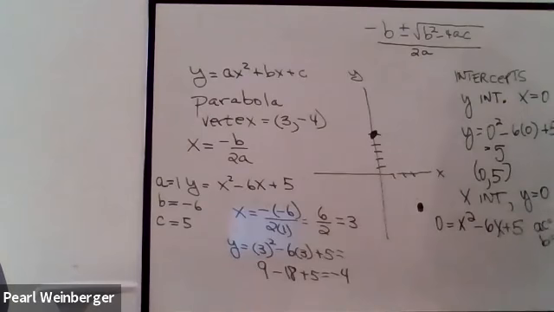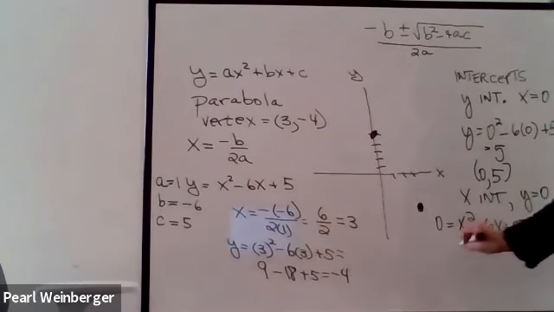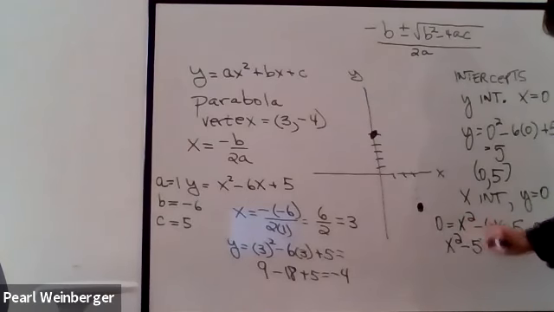So two numbers that multiply to 5, but when we add them give me negative 6, are negative 5 and negative 1. This is going to be x squared minus 5x minus 1x plus 5.